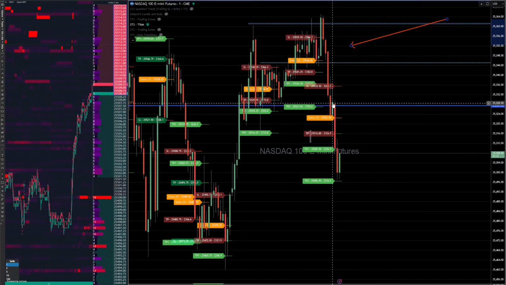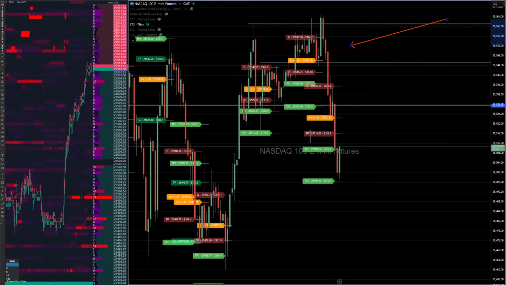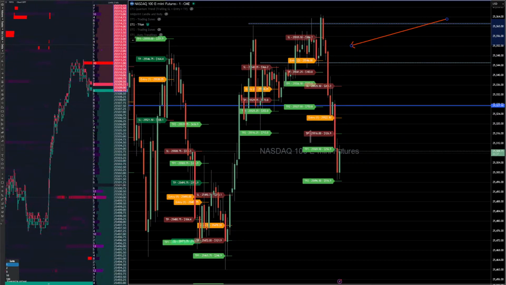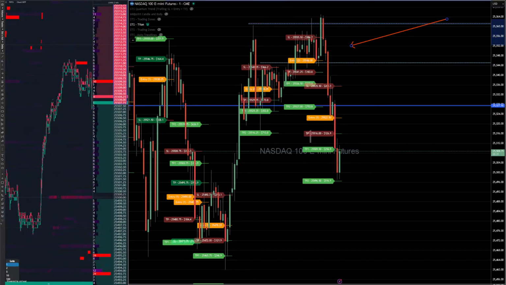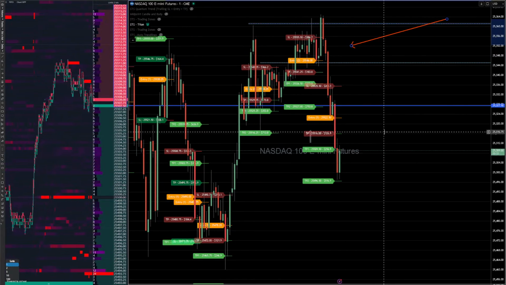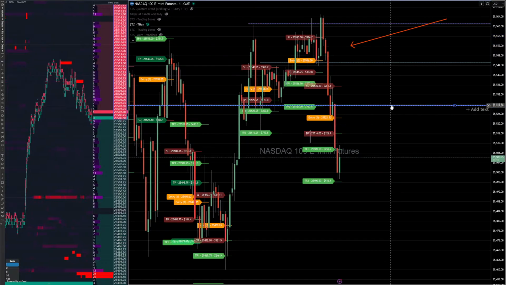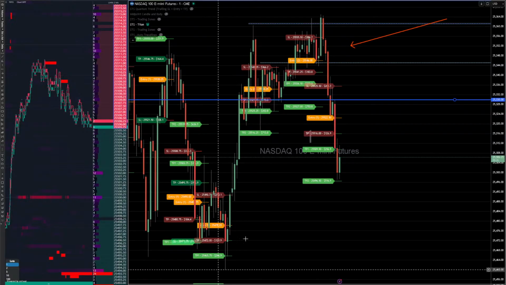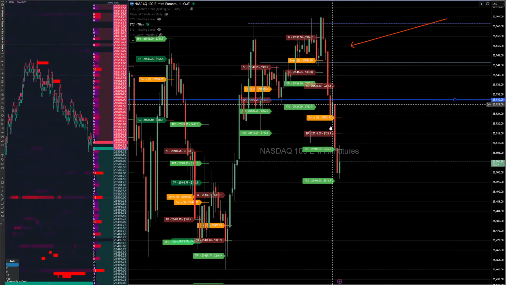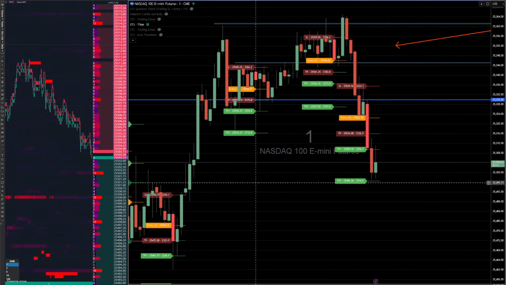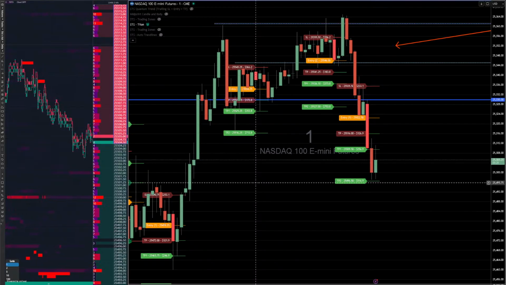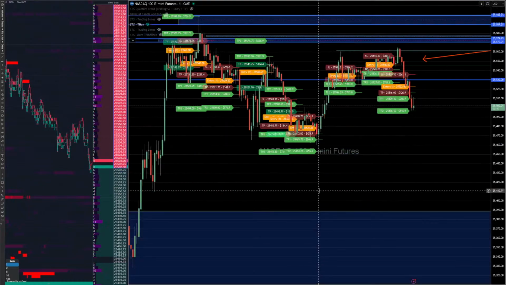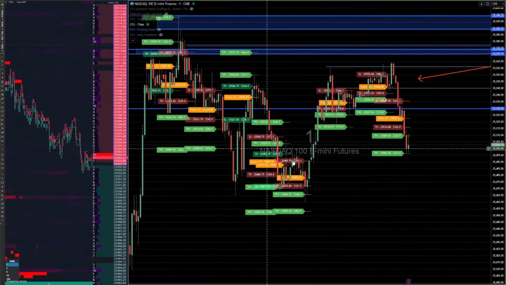Big orders came in right here too. 395 sell orders came in at 5:30, right there, on this bullish candle. And that Titan won, a 1 minute Titan. But there was a 5 minute Titan that actually lost.